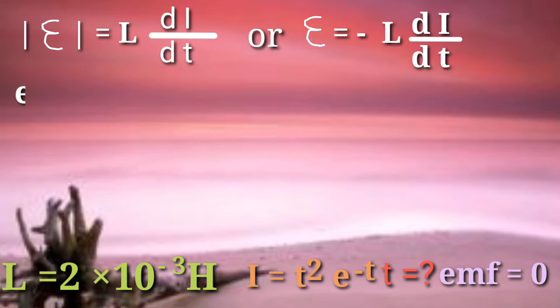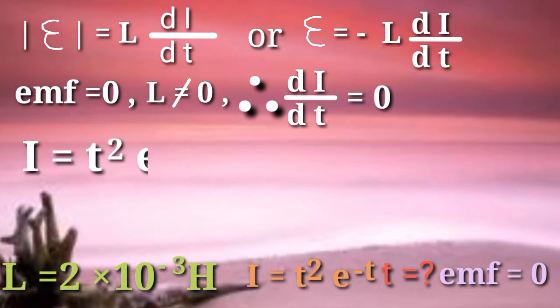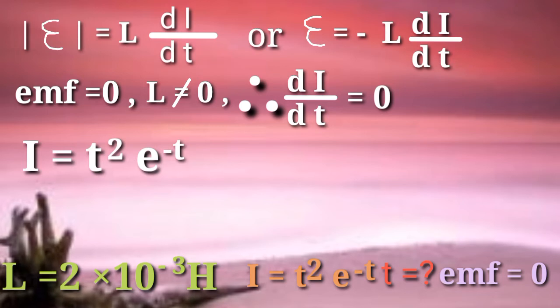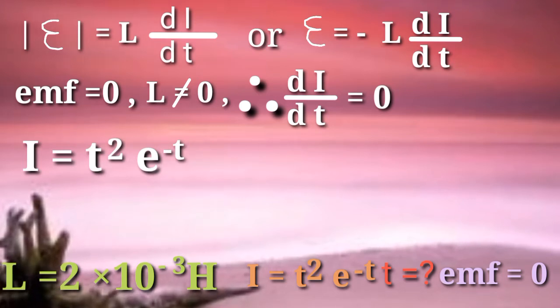Now given EMF is equal to 0 and L is not equal to 0, that is di by dt is equal to 0. This easy question is difficult for those students who dropped mathematics in 11th, 12th.